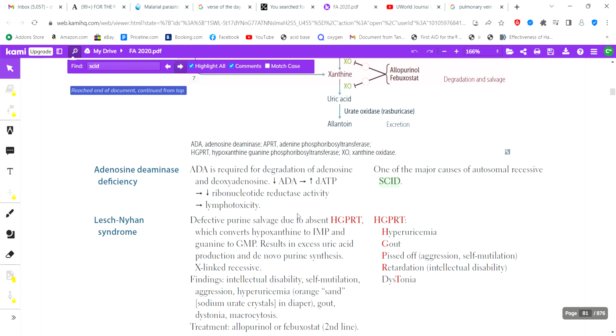So if you have adenosine deaminase deficiency, you have a defect of the lymphocytes. Alright, and adenosine deaminase deficiency is one of the major causes of SCID.